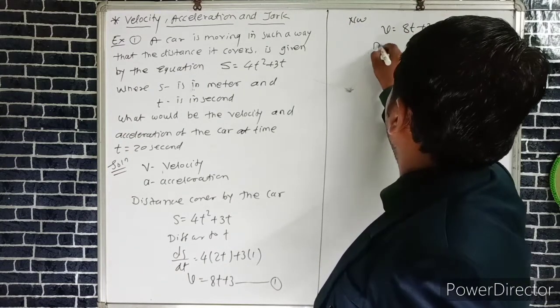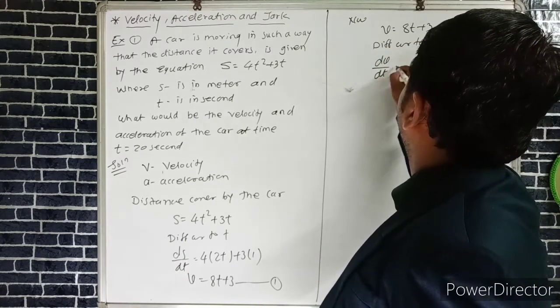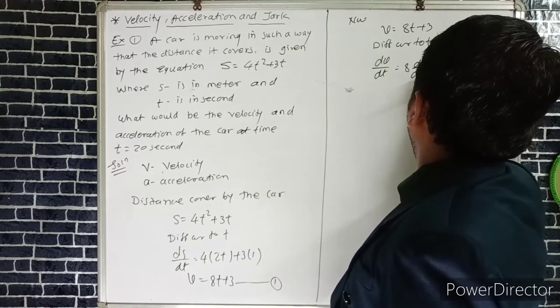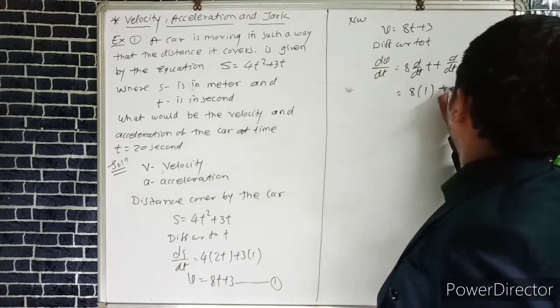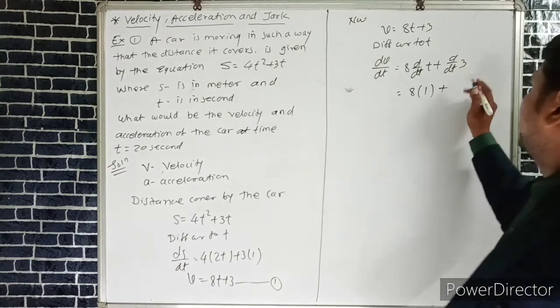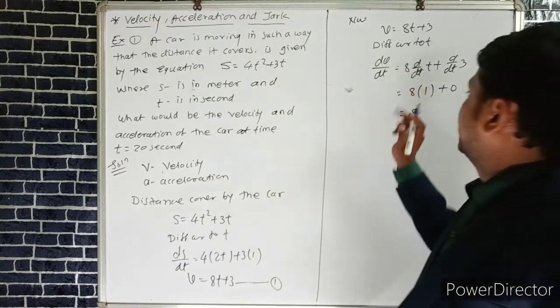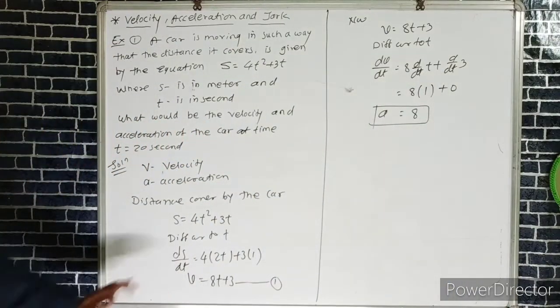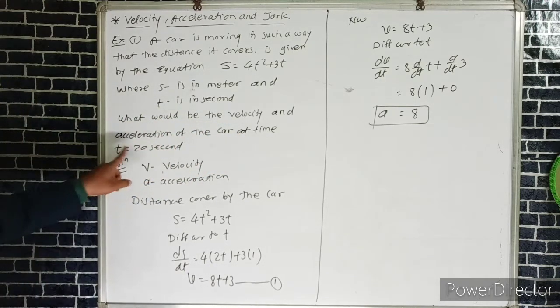If we again differentiate with respect to t, then dv upon dt is equal to 8 into the derivative of t, which is 1, plus the derivative of the constant 3, which is 0. Hence 8 into 1 is 8, plus 0 is 8, which is the acceleration of the car. So here we have to find the velocity and acceleration of the car at time t equal to 20 seconds.